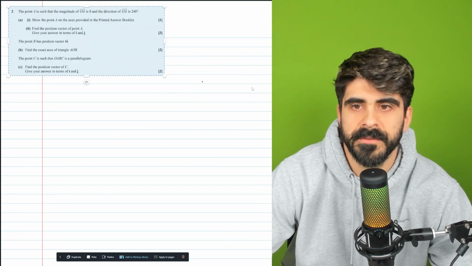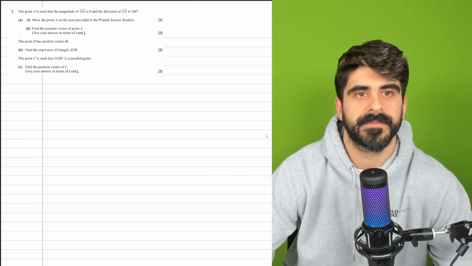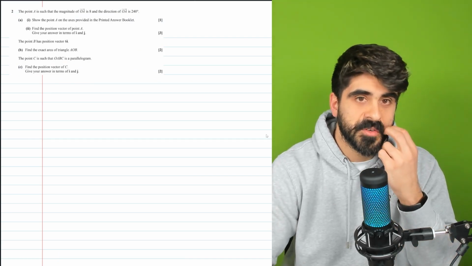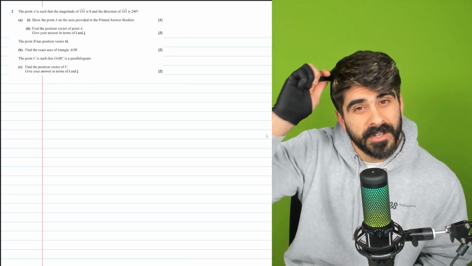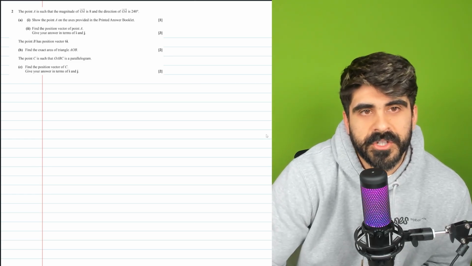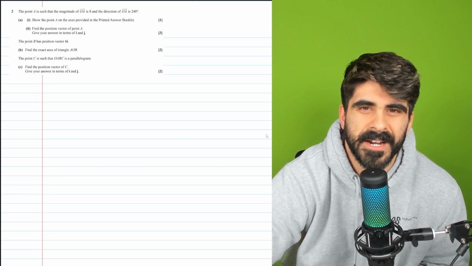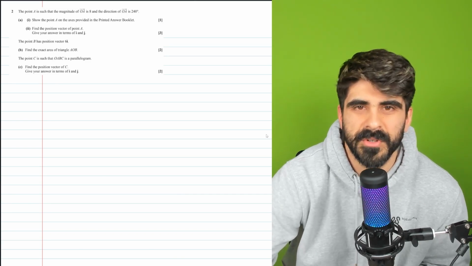Make this smaller. So, what's it saying? Point A is such that the magnitude of OA is 8. The direction of OA is 240 degrees. Show the point A on the axes provided in the answer booklet.